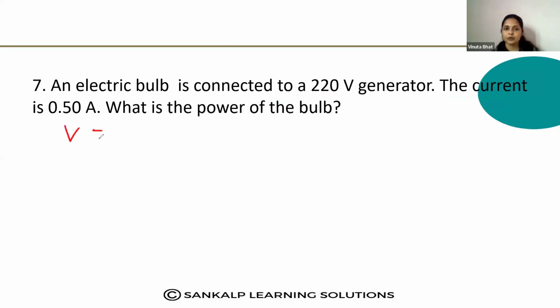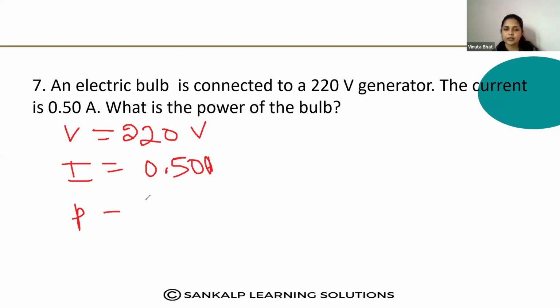V is equal to 220 volt and I is equal to 0.50 ampere. So you have to find out power. What is the power of the bulb? Here you can use the formula P is equal to V into I.